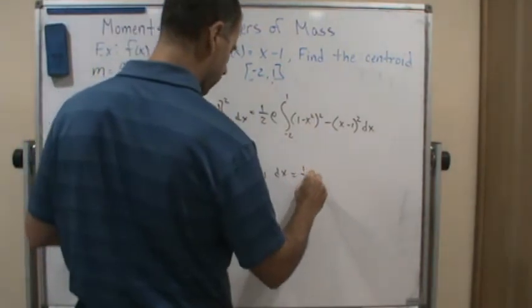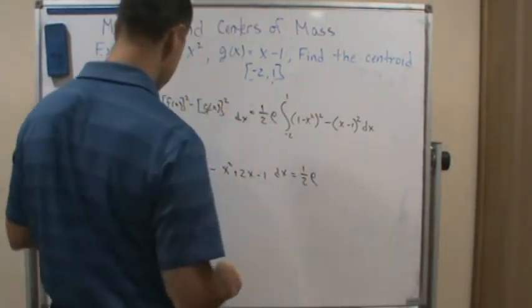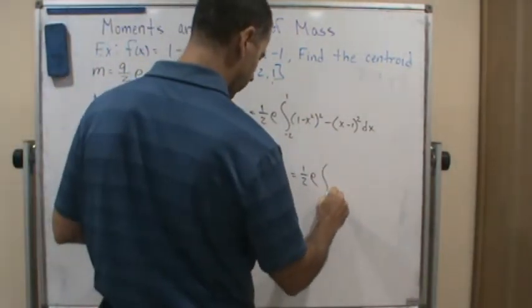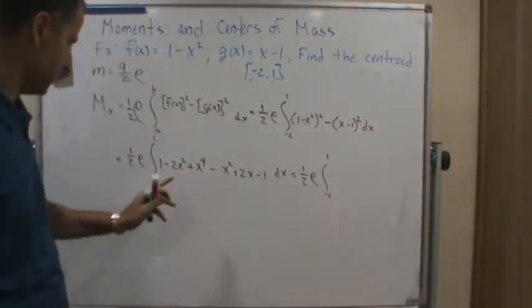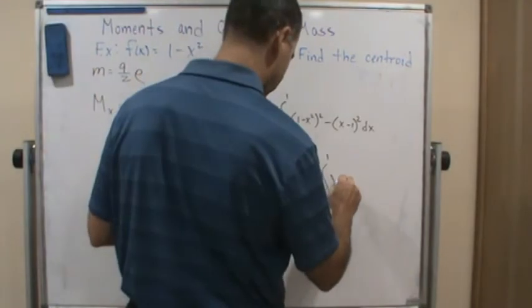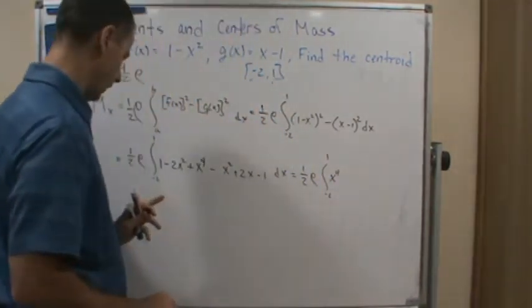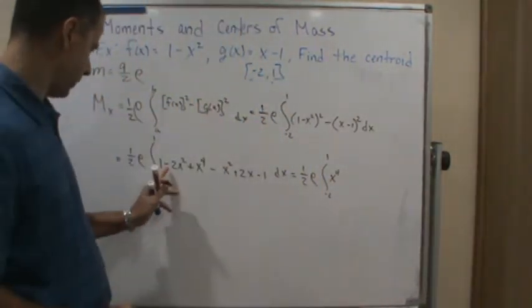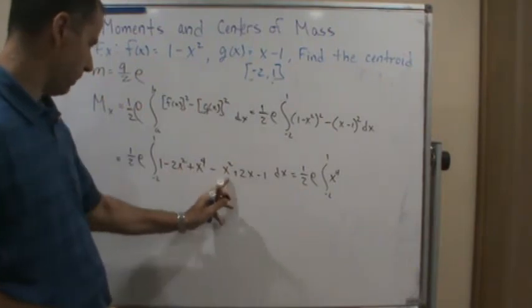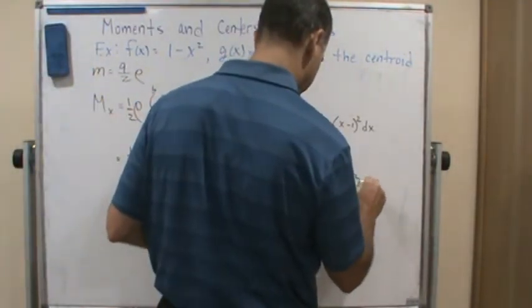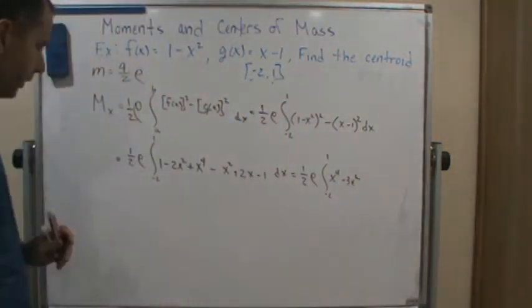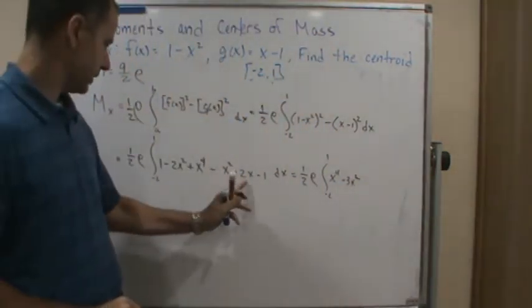And so this becomes 1/2 rho, the integral from -2 to 1. And so now what happens? This becomes x to the 4th. And then x squared, so minus 2x squared minus an x squared gives us a minus 3x squared. And then there's an x, right?